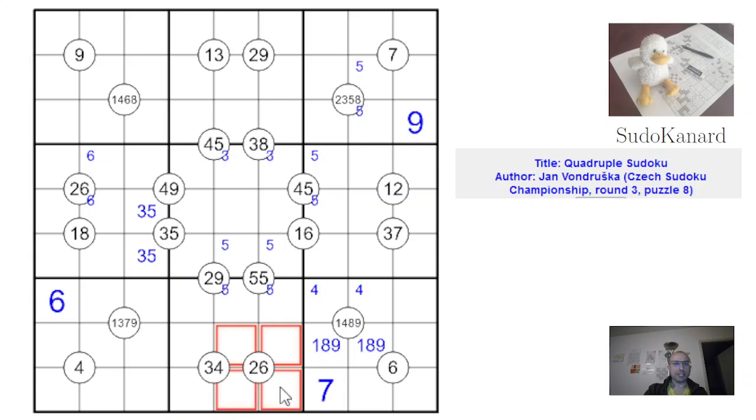This clue here tells us that 2 is not here, so 2 must be somewhere in there. But the same logic as before tells us that 2 is already present 2 times in those 2 columns, so 2 is nowhere in here, so that this is not 2, that is 2.